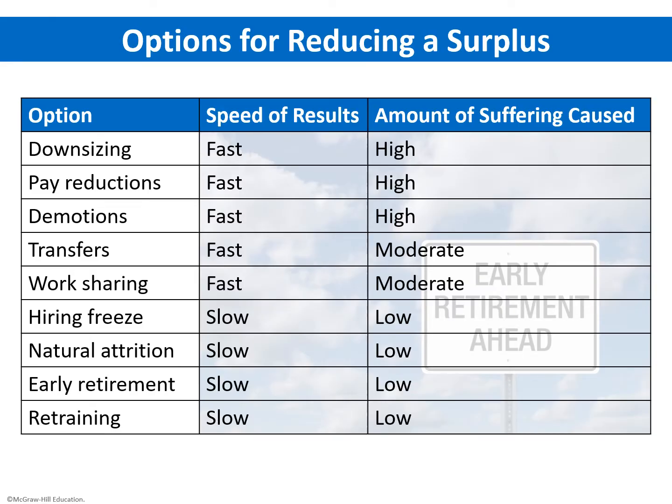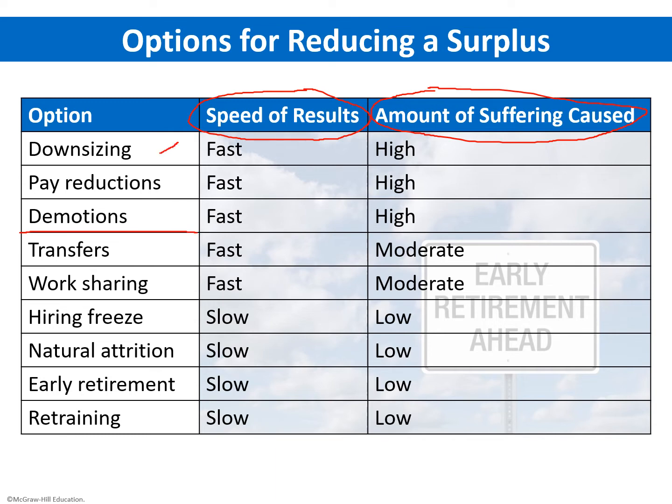Now, once we've determined that there's going to be a labor surplus forecasted, we can look at a variety of different ways for addressing that surplus. Okay, and the strategies that we choose are going to depend upon the speed of the results that we need and how much we want to prioritize the well-being of our employees. Okay, so if we are not all too concerned with the well-being of our employees, but we need fast results, we would look at these top three options here.